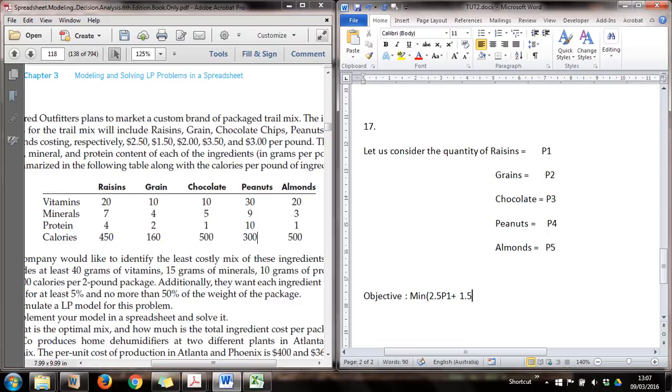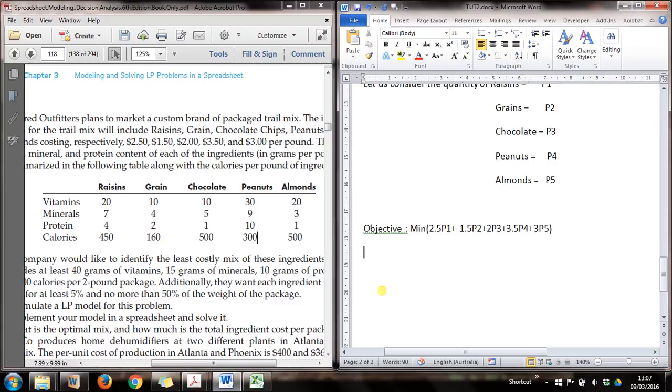Similarly, it would be 1.5 P2 plus 2 P3 plus 3.5 P4 plus 3 P5. This is our objective, to minimize the cost.